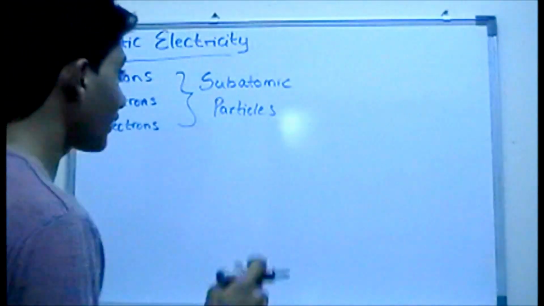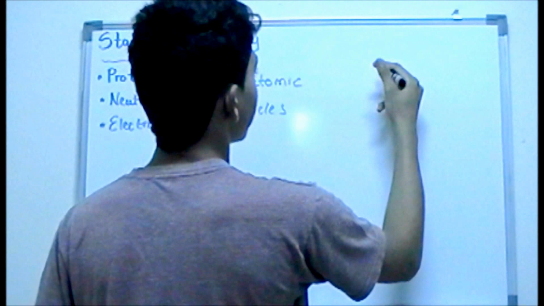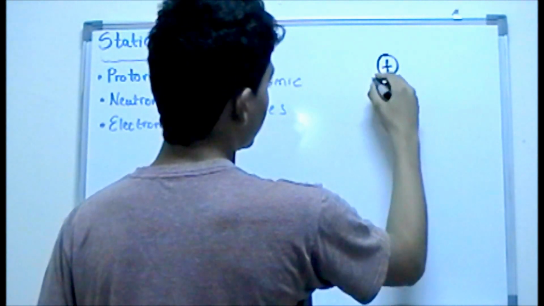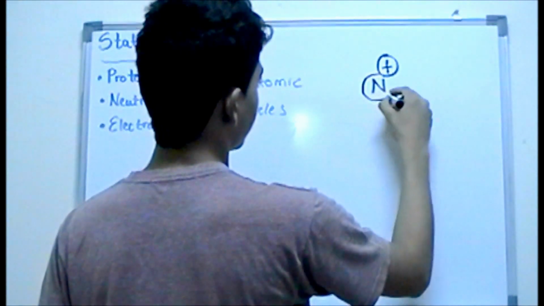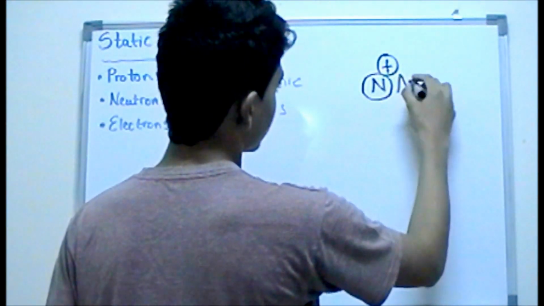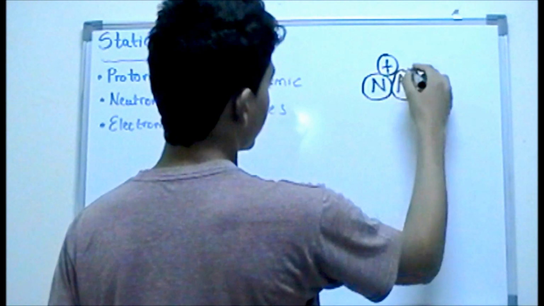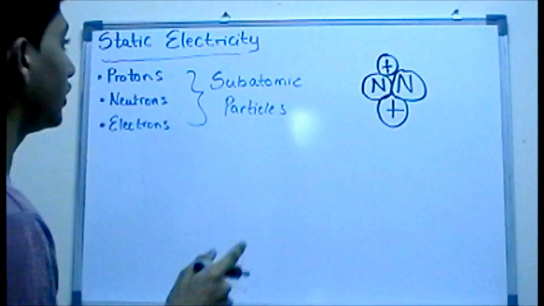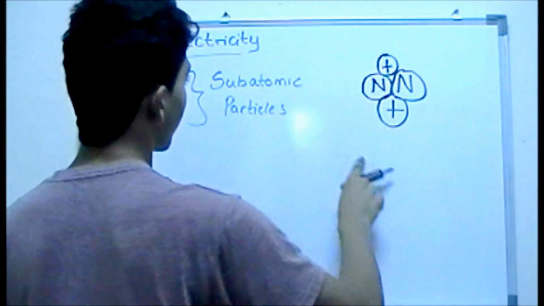You have the proton here, the positive charge, the neutron here, neutral charge, neutral charge next to it, and the positive charge over here. So this is actually the nucleus. We discovered the nucleus of the atom.